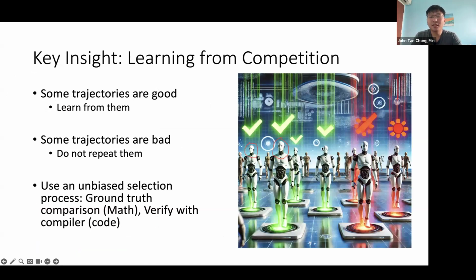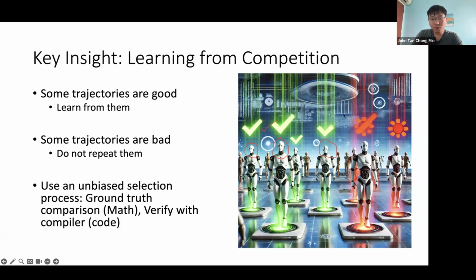And what this shows is that you have different trajectories, and then you have a ranker, right? The ranker will say, hey, this trajectory is good, this trajectory is bad. So like maybe these three trajectories, very good. They perform very well. Learn more from them. Train your model, fine-tune your model so that it repeats these trajectories more often, right?